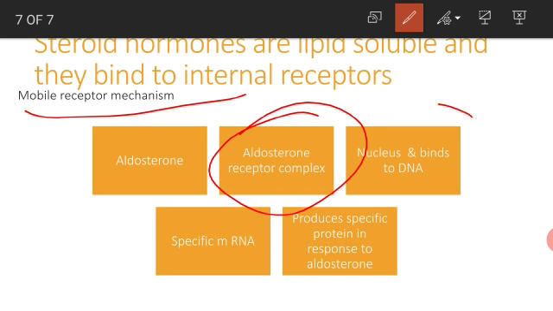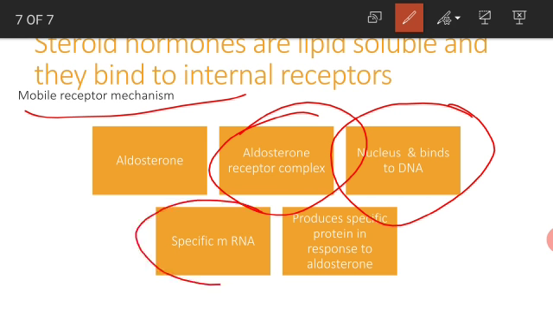And now after entering into the nucleus, this binds to DNA at a specific part, and this specific part produces specific messenger RNA, and this specific messenger RNA contains a triplet code which produces a specific protein in response to aldosterone.